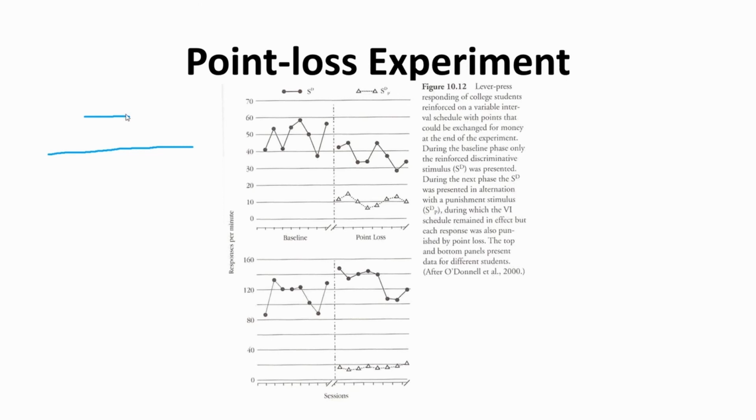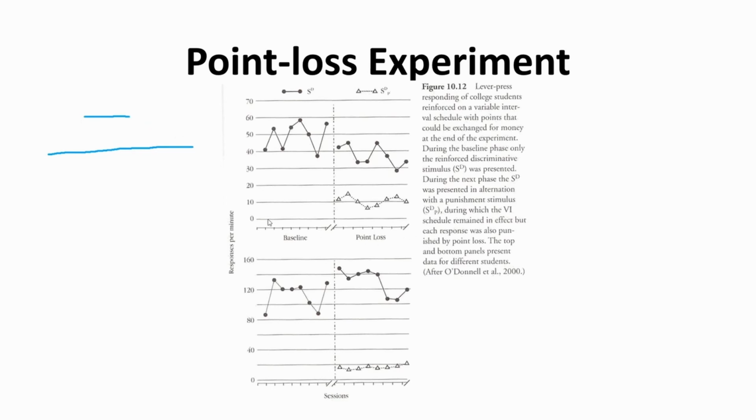So these points become a good thing, something that they want to accumulate in order to get more money at the end. So in our baseline, we basically get them to build up a collection of points by responding to just the discriminative stimulus, just our short line. Next, we enter the point loss phase.